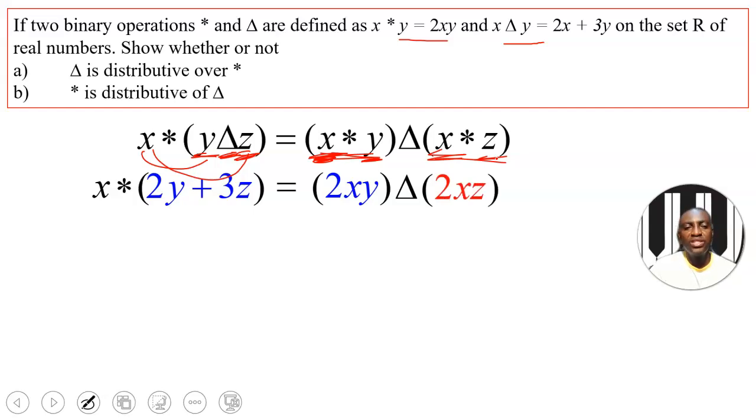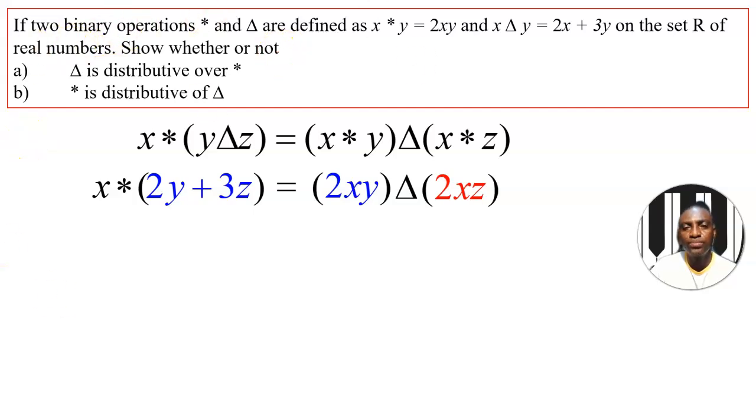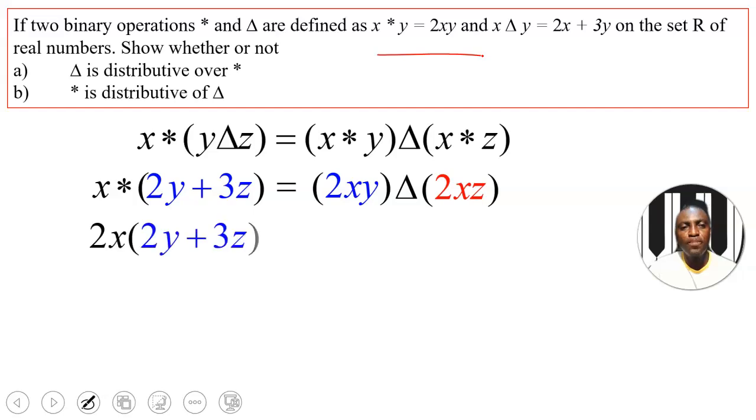Good. Now I'm treating this as one entity, and I'm keeping this also as another entity. So this will represent my x, and the whole of this will represent my y in the definition that we have there. So now we are dealing with this one. According to the definition there, it is 2 times the first times the second.